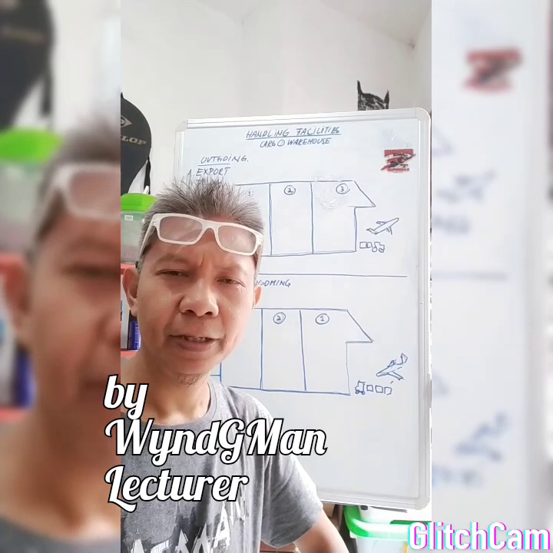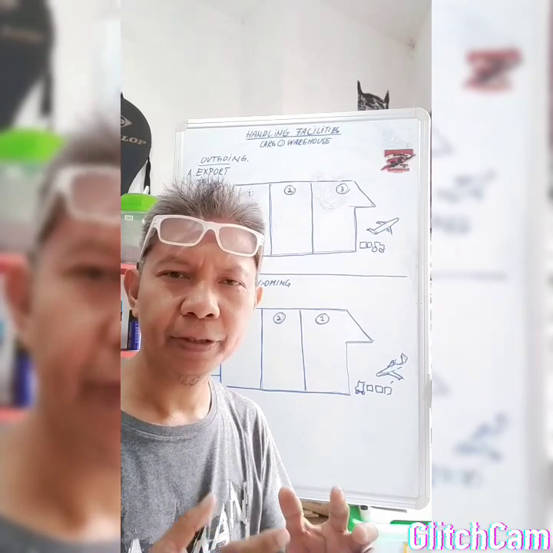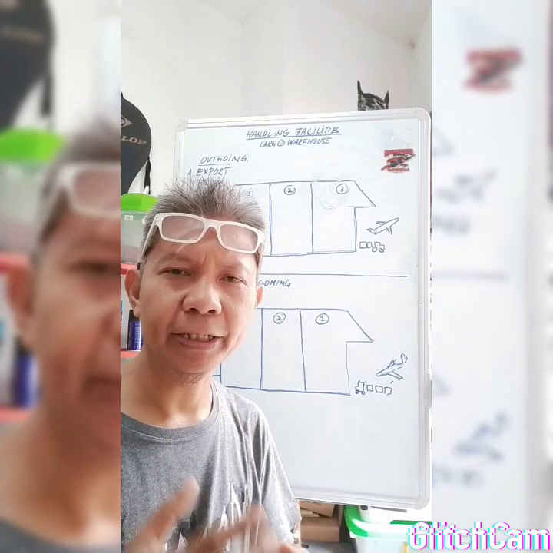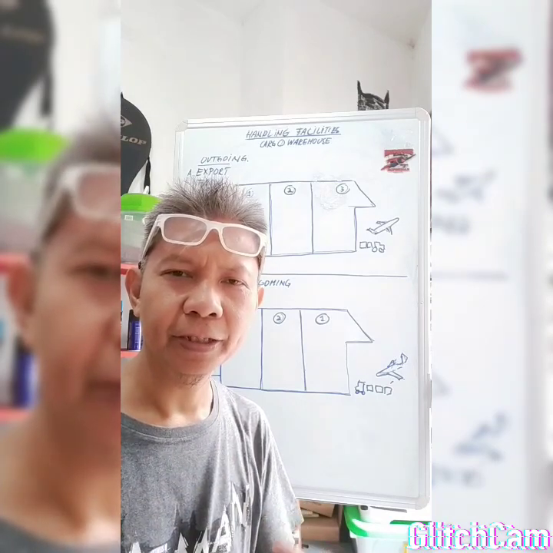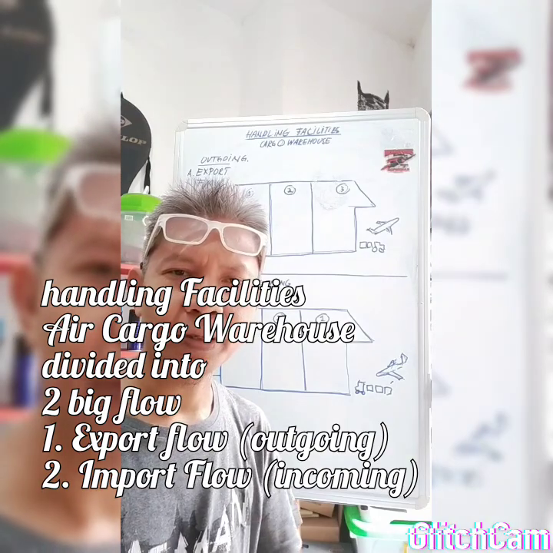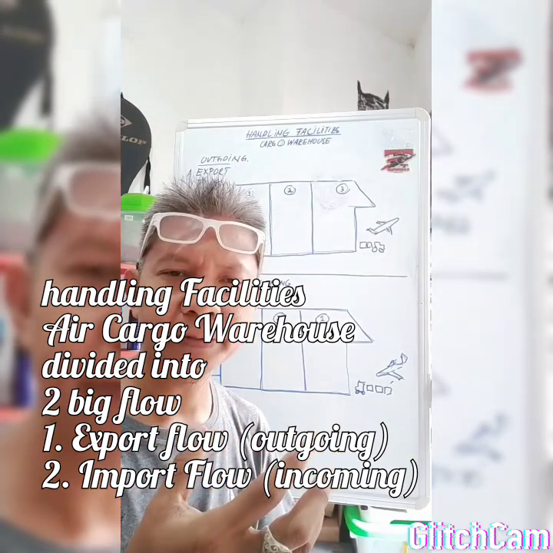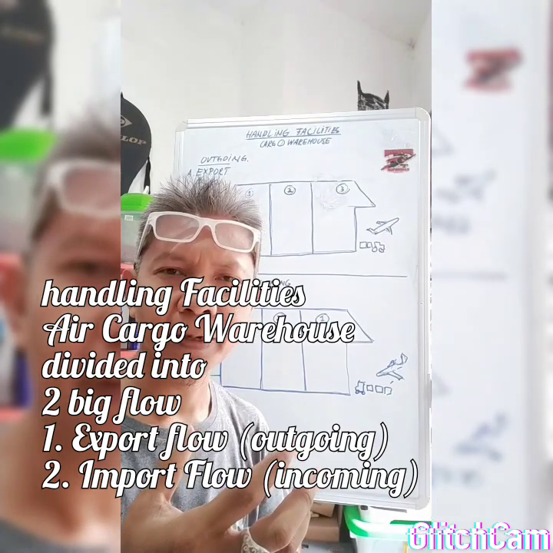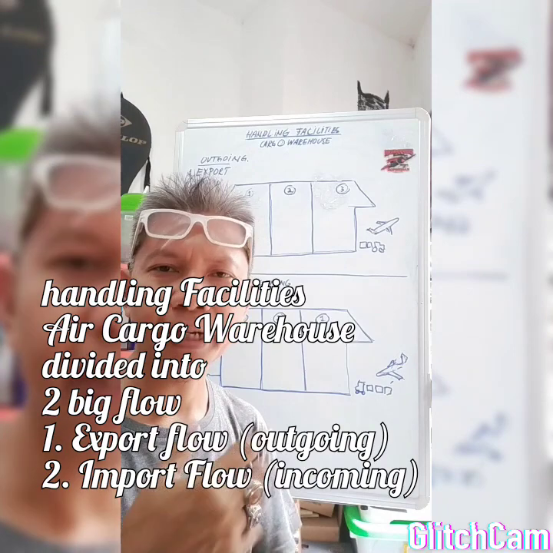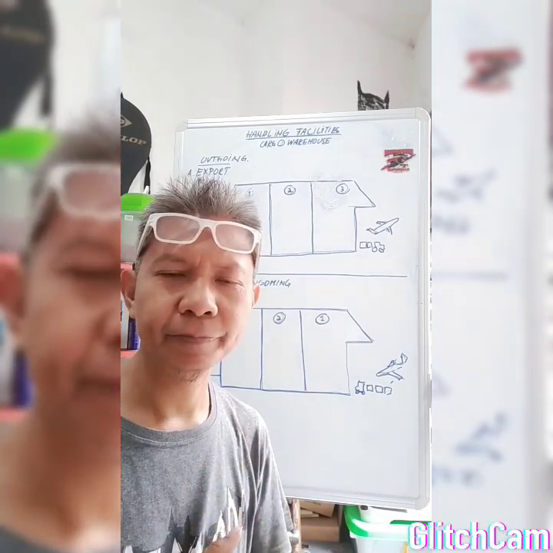The business cargo flow on the air, especially on the handling facilities, is divided into two big flows: outgoing and incoming. So export and import.